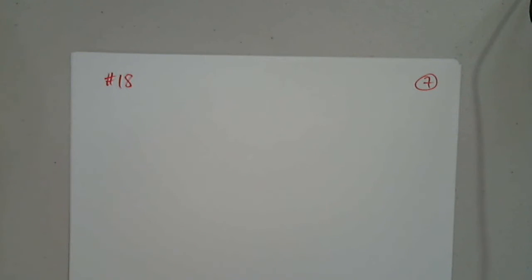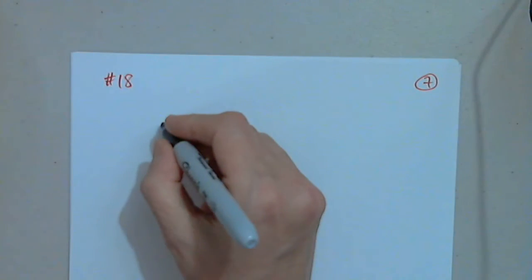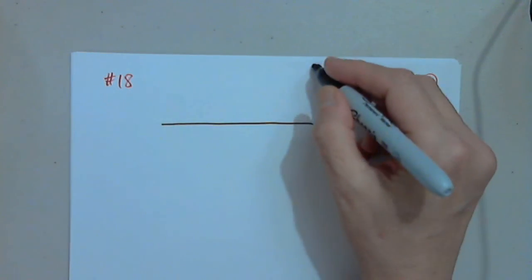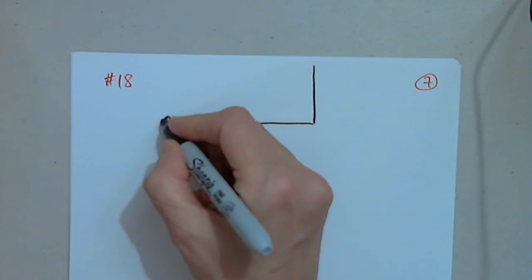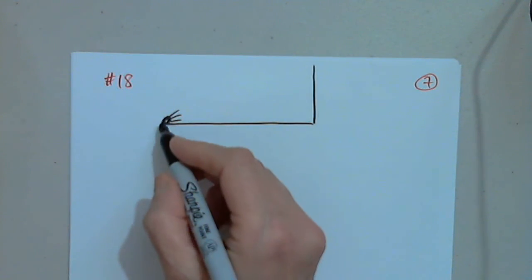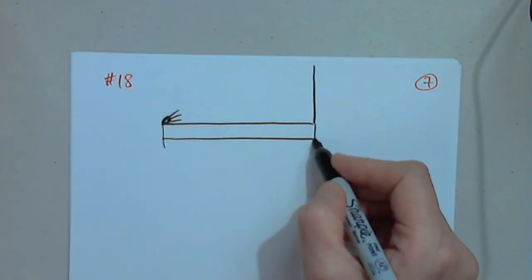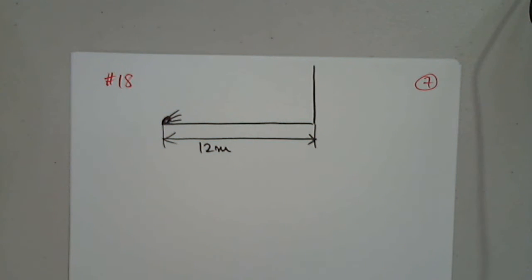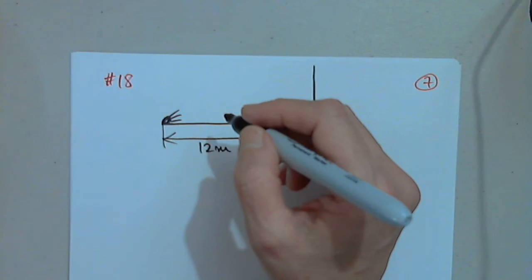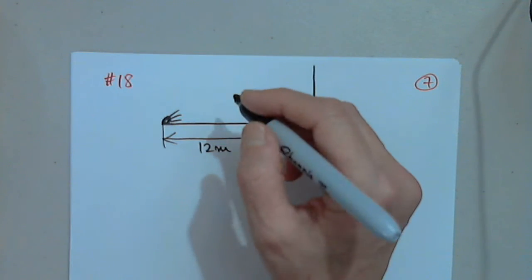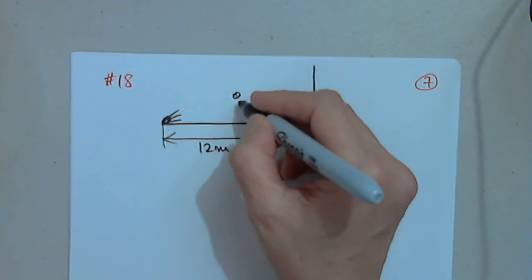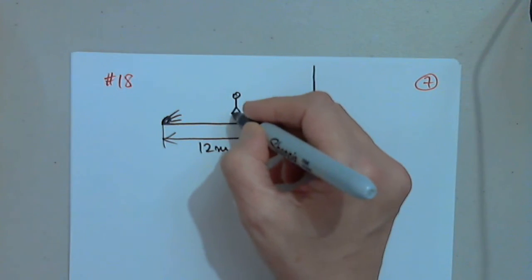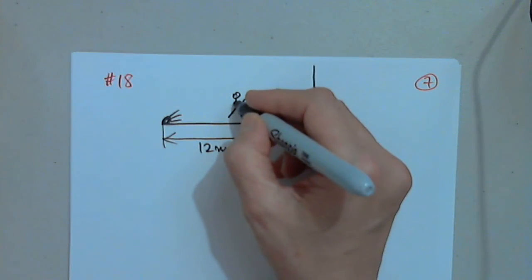A spotlight on the ground shines on a wall 12 meters away. I'm just drawing something that I imagine, and then we'll talk about it. If I'm 2 meters tall, I walk from the spotlight towards the building. Unfortunately, I cannot draw a person.